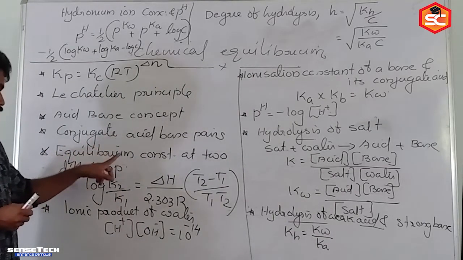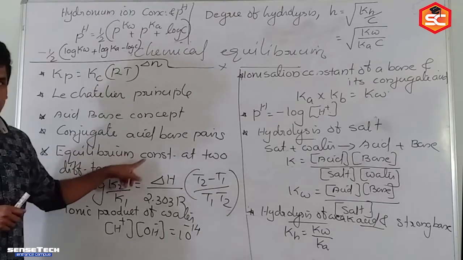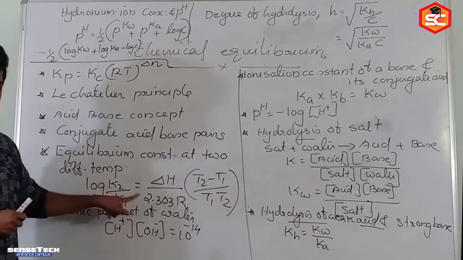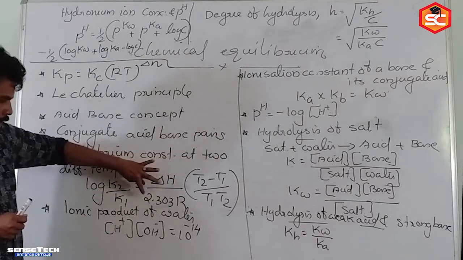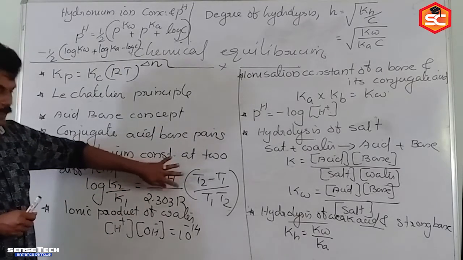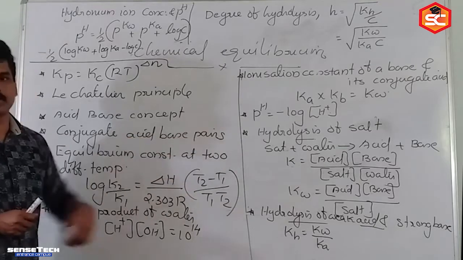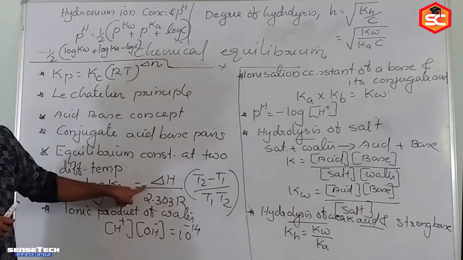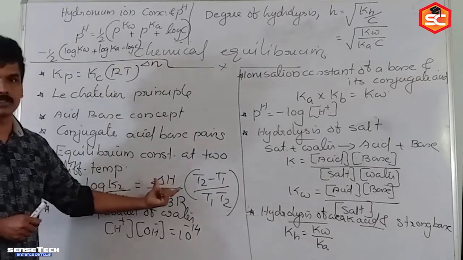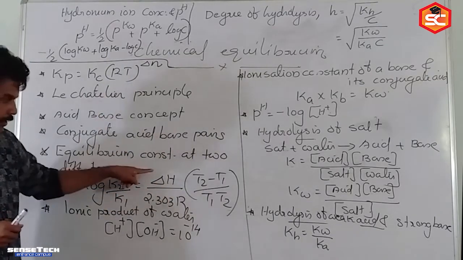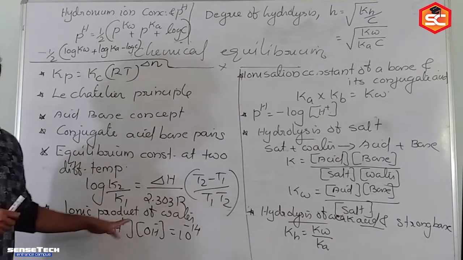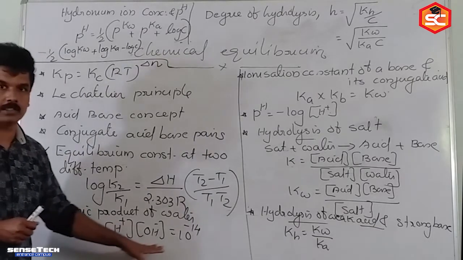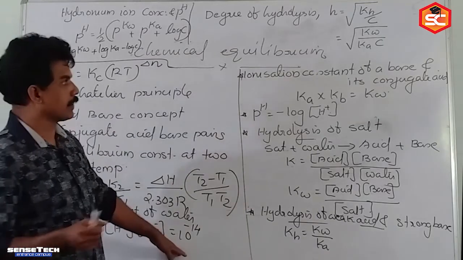And then the equilibrium constant we can also calculate at two different temperatures. Log K2 by K1 is equal to delta H by 2.303 R into (T2 minus T1) by T1 T2. You studied the Arrhenius equation there, with activation energy. Here it is energy change and temperature change, so instead of Ea here we have delta H. Then you studied the ionic product of water: H plus ion concentration into OH minus ion concentration is always 10 to the power minus 14.